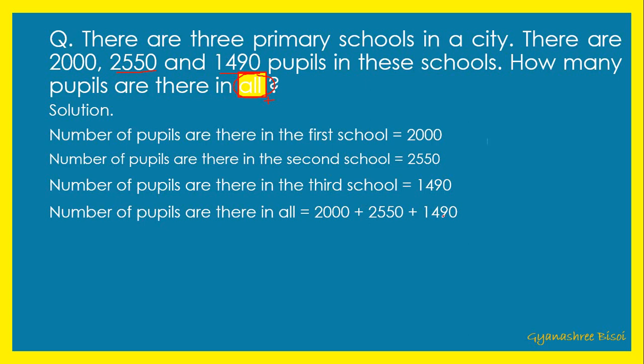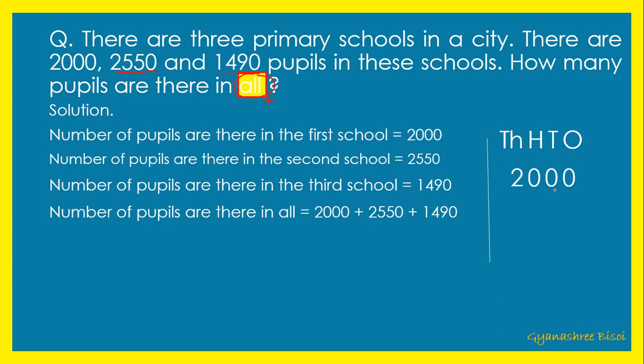Now draw a line and write the places: ones, tens, hundreds and thousands, and write the numbers according to their places. Digits have to be placed below their correct place. 2,000, that means 2 is at thousands place, at hundreds place 0, tens place 0 and ones place 0.